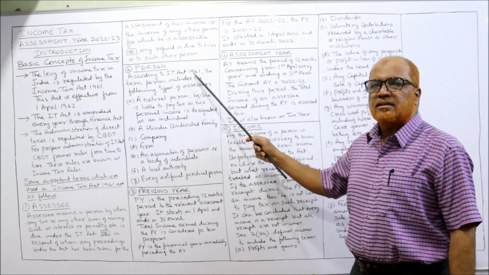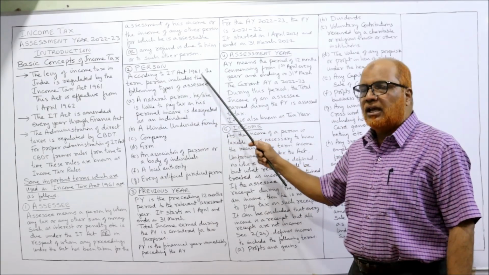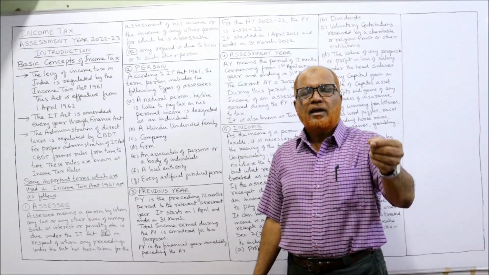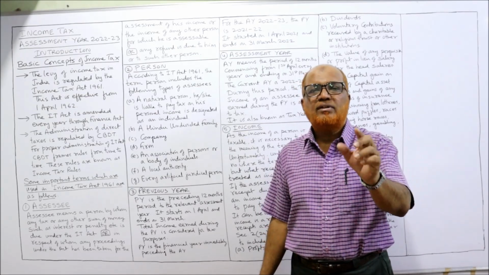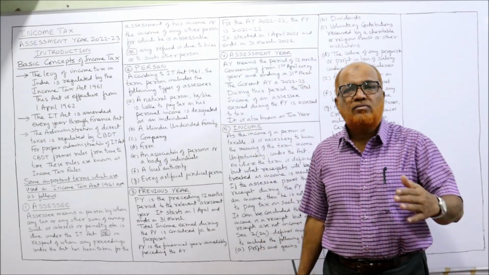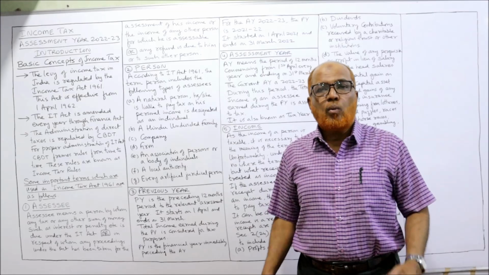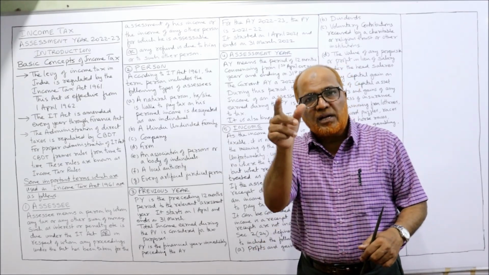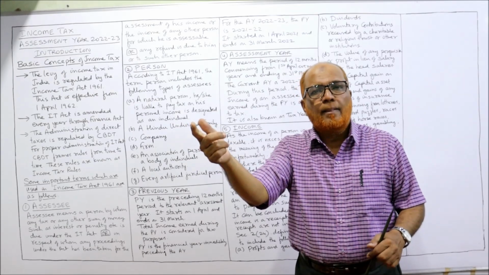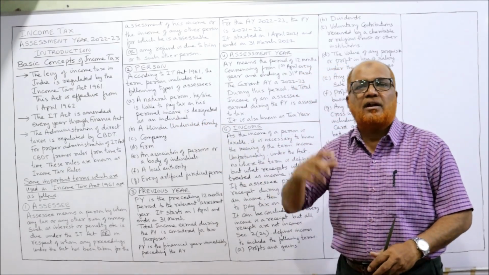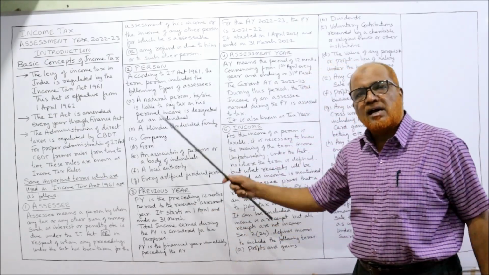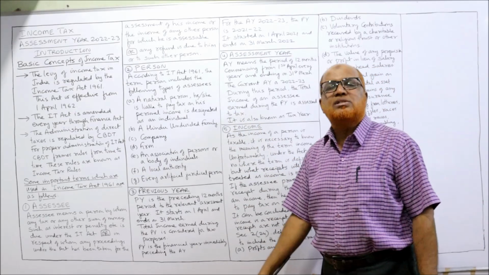According to the Income Tax Act 1961, the term person includes the following types of persons. Many a time, the Income Tax Act has not given a specific exclusive definition. Most of the time, it will give an inclusive definition. Why inclusive? Because apart from these persons, any other person will also be treated as a person under the Income Tax Act. That's why it is an inclusive definition. So the Income Tax Act says person includes the following.